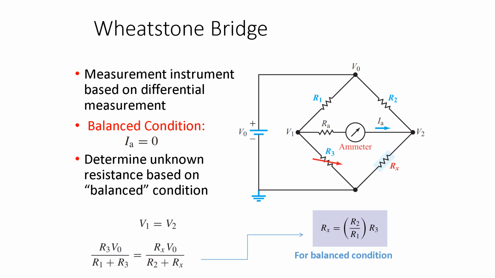So to ask again then, what are the downsides of the Wheatstone bridge? Well, downside 1 is it's very dependent on knowing the resistances of R1, R2, and R3, and being able to have those tightly controlled. A lot of the resistors that you can buy for most electronics are plus or minus 20%, plus or minus 10%.